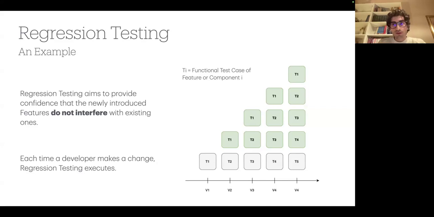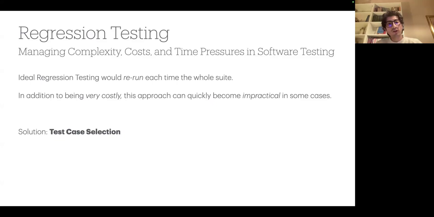But just from this picture, we can understand that for real-world scenarios in which we have large-scale software systems, an ideal regression testing, which consists of rerunning the whole regression test suite, not only is very costly, but generally is impractical. So we must apply some test suite optimization strategies, in order to reduce the effort of regression testing.